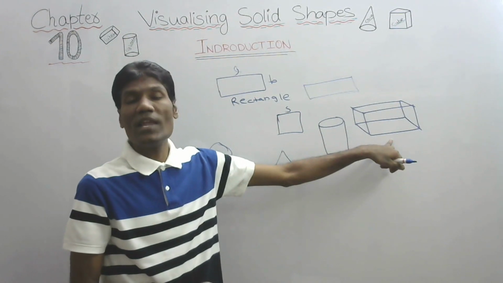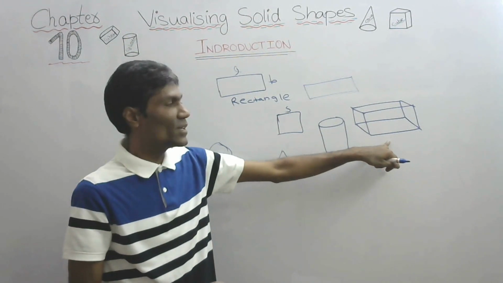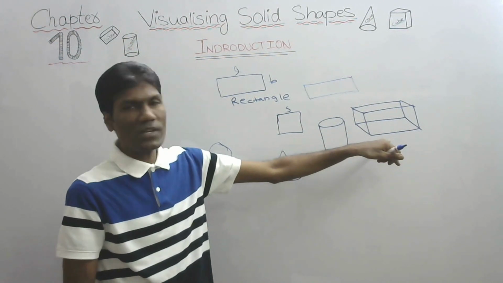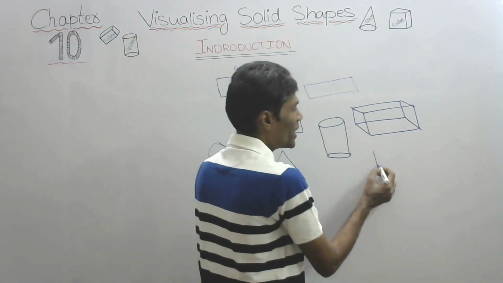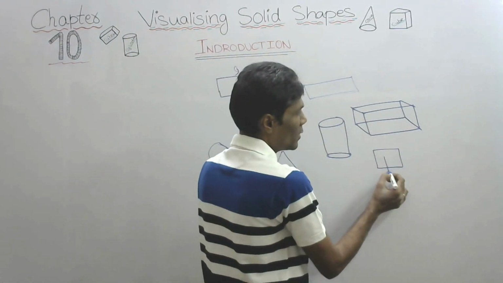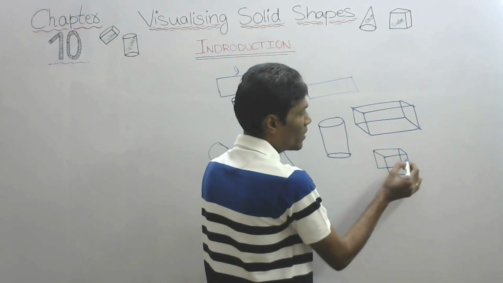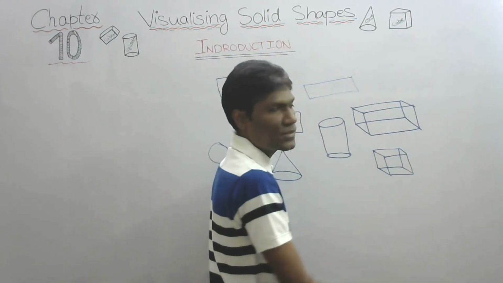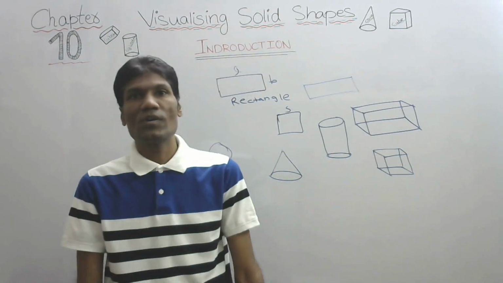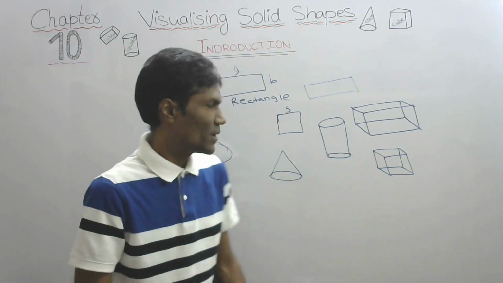This is a three-dimensional picture. This is a cuboid. If all sides are equal, then we will call it a cube. This is a cube.